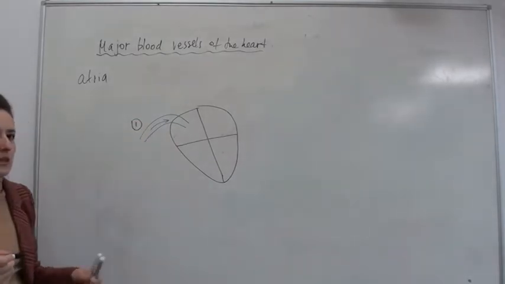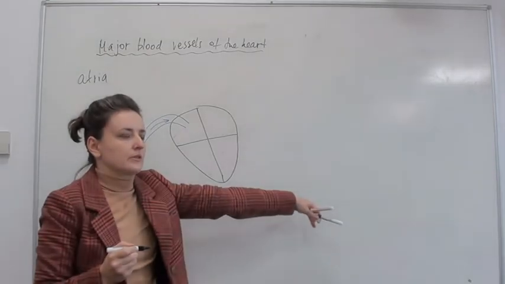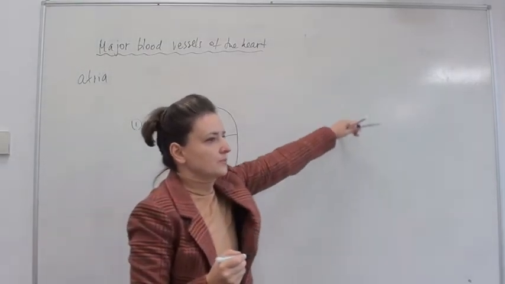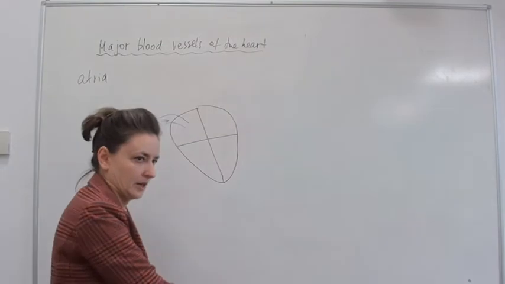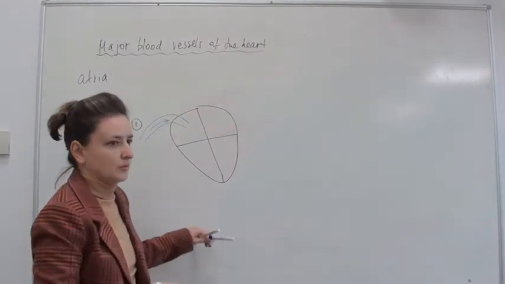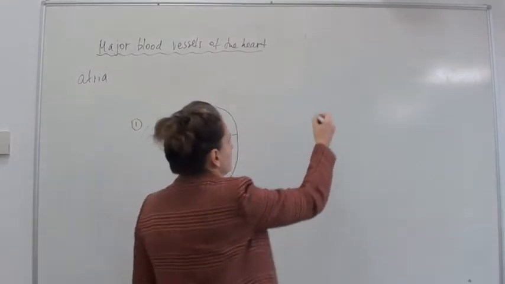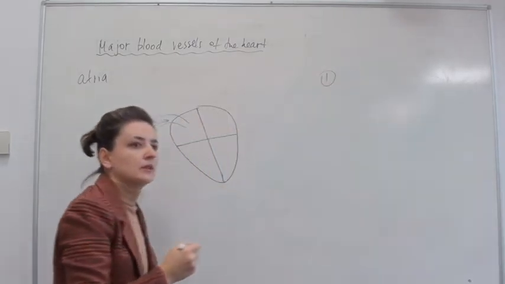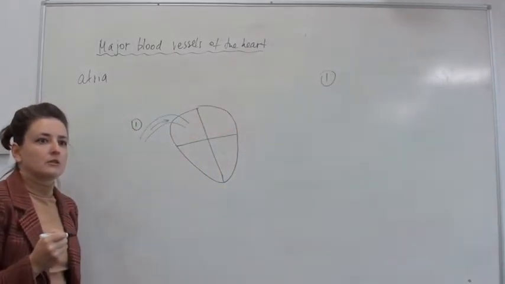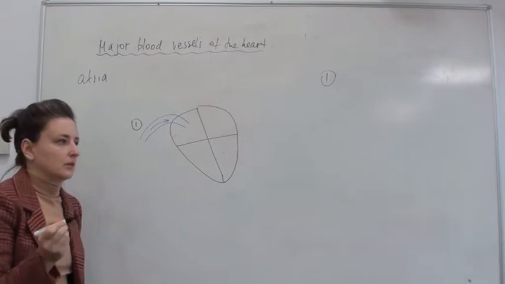So I'm going to start making a list of names of these blood vessels on the side. If you haven't quite got enough space on your page, just write them down as a list at the bottom, below that diagram. So number one, anybody has got an idea actually? Any idea? No? Okay. So I'm just going to tell you.